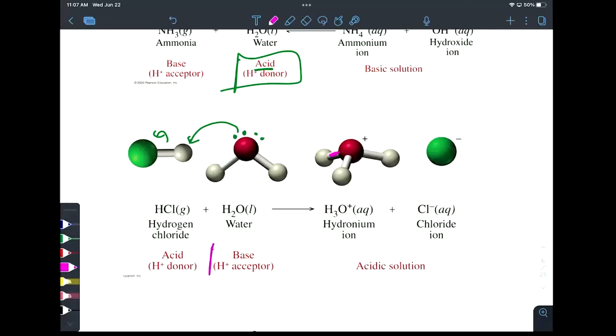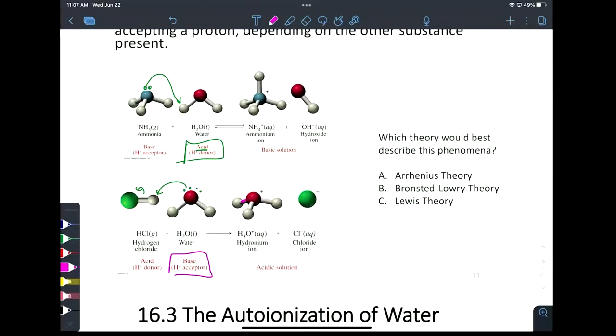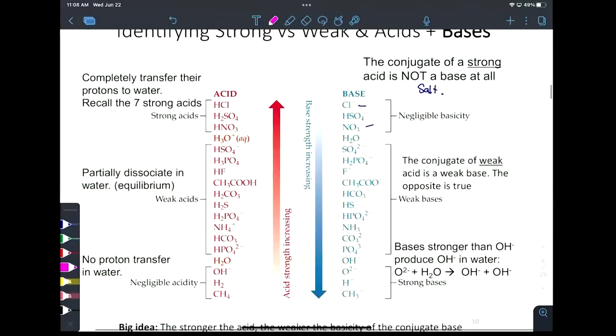So we see here, water is acting like a base because it's accepting a proton from our acid source. So water can behave like an acid or a base. It depends on what the other thing is. Basically, it depends on the acid strength or base strength of water versus the thing that you're putting into it. That's what determines whether H2O will act like an acid or a base.